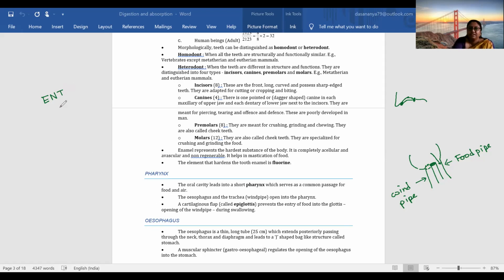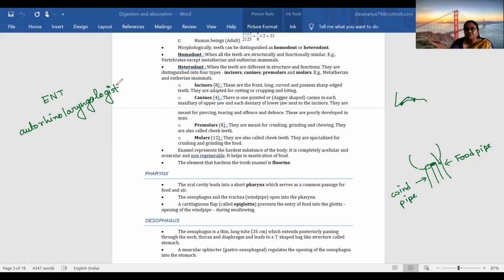So these ENT specialists are also known as otorhinolaryngologists. Nobody actually uses that word, so that's why they are generally called ENT specialists.